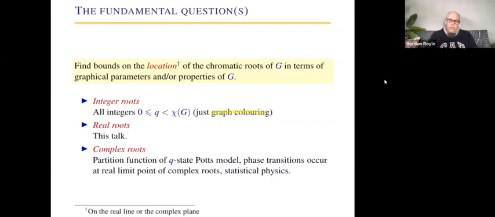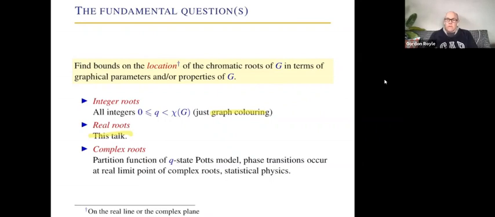Real roots, I'm going to talk about some things about real roots today. And then complex roots are interesting too, because these are very heavily studied by statistical physicists, because there is a deep fundamental relationship between the chromatic polynomial of a graph and the partition function of the Q-state Potts model.